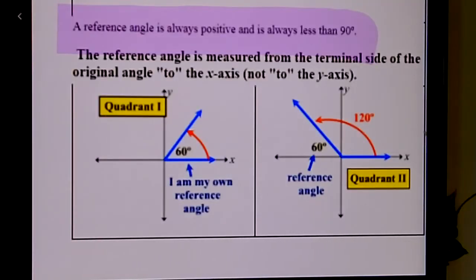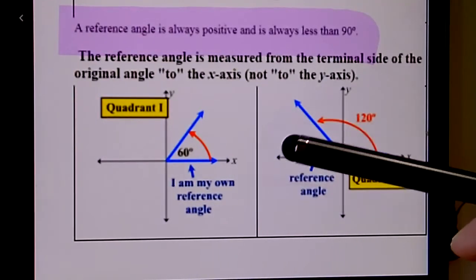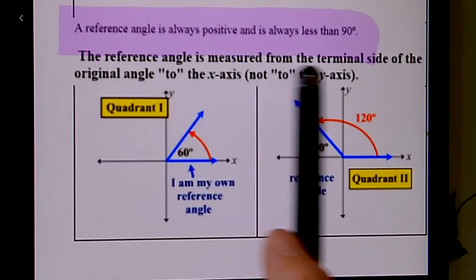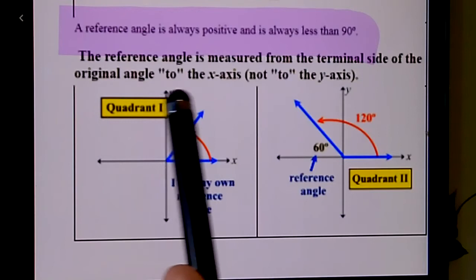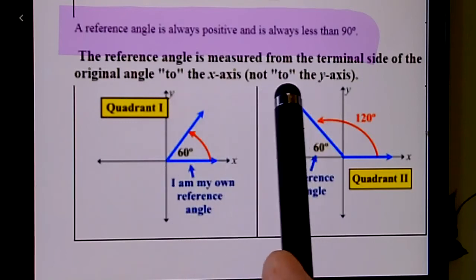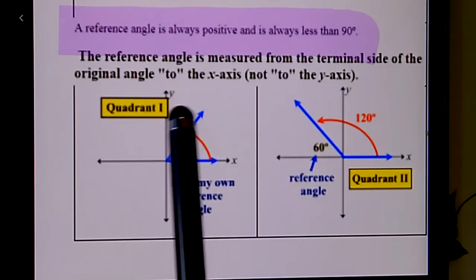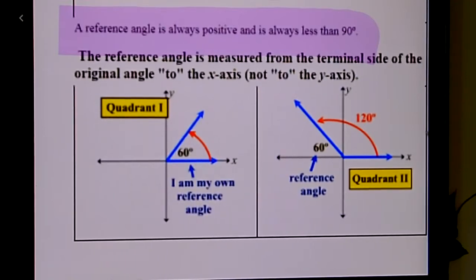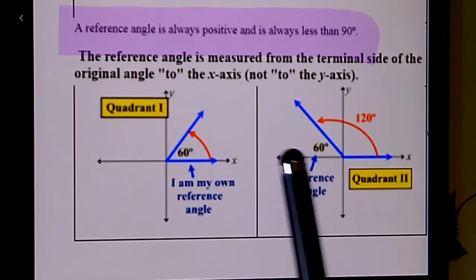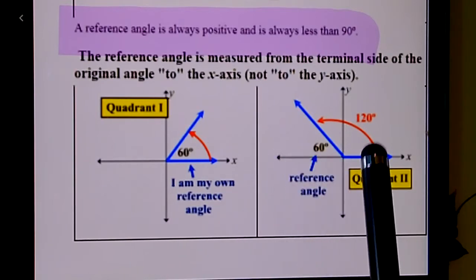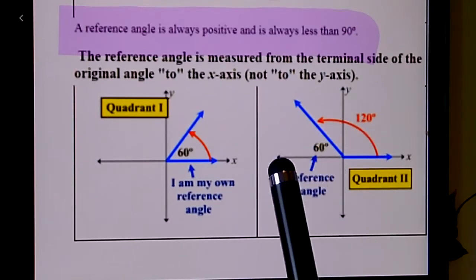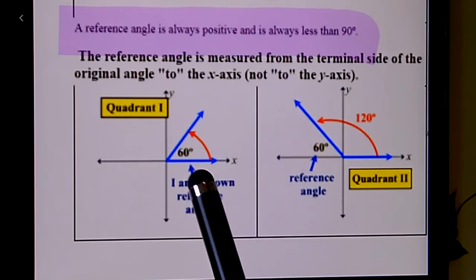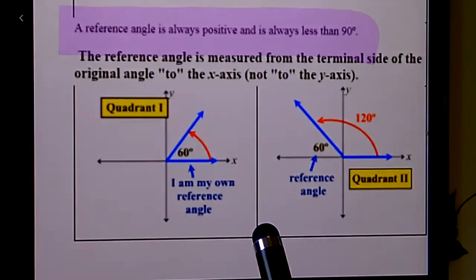So again, if I flip over to the page I was just on before, when we're talking about the reference angle here, the reference angle is measured from the terminal side of the angle to the x-axis, never to the y-axis. So this here is in quadrant 1. This is 60 degrees. This is a reference angle. Over here in quadrant 2, if I went 120 degrees, how far above the x-axis am I? 60. So again, 60 degrees would be its reference angle.